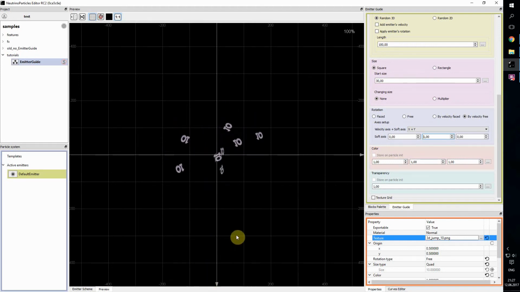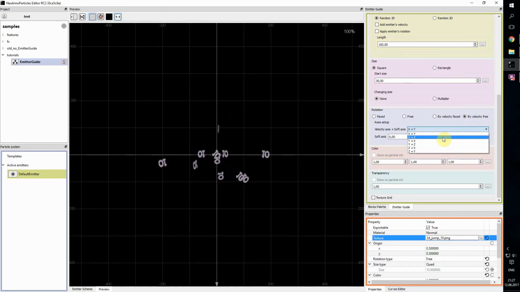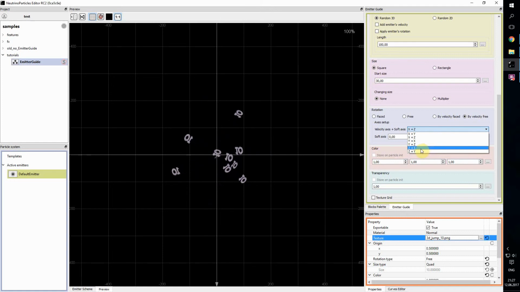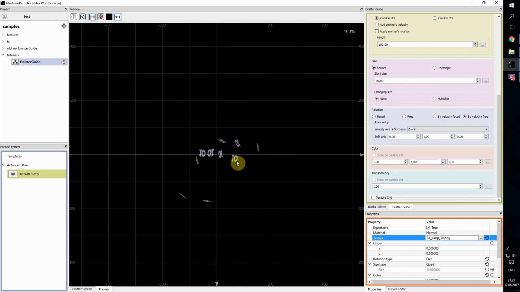So we can change that couple of axes to x plus z, or z plus y, and all particles will fly and direct their z-axis to the velocity vector, and the y-axis still tries to be the vertical one.